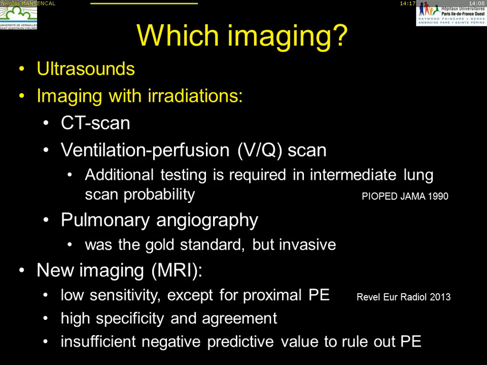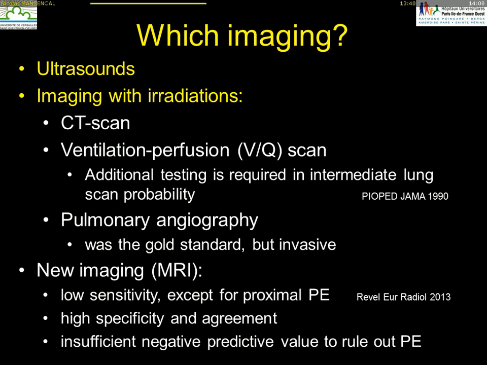We have seen the ultrasound possibilities. We also have other imaging with irradiation, the CT scan and the ventilation perfusion scan, and this technique has a problem. In most patients, we need additional testing because in most cases the answer is not clear, with an intermediate probability. We cannot conclude if there is a diagnosis of PE or if the diagnosis of PE is excluded.